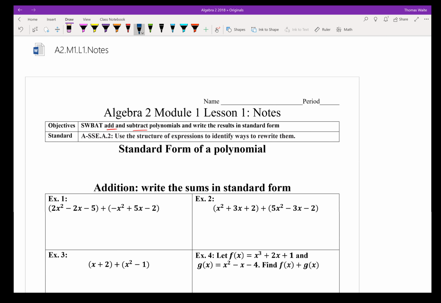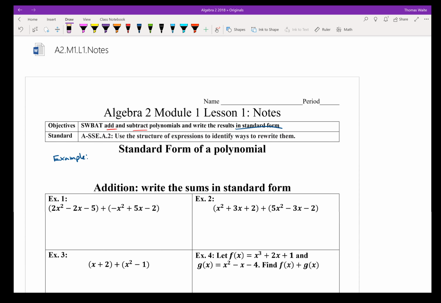Alright, so first, if we're going to write our results in standard form, I want to say what that is. So the standard form of a polynomial, here's an example of a polynomial in standard form.